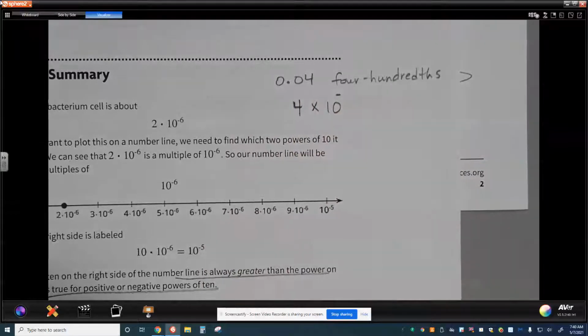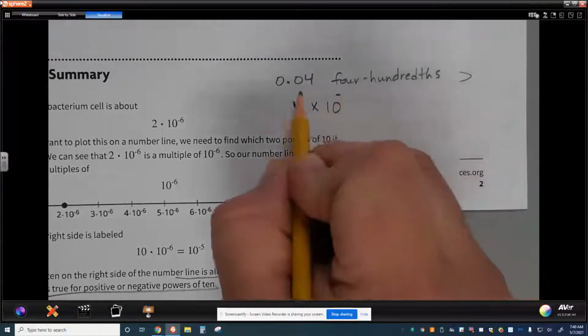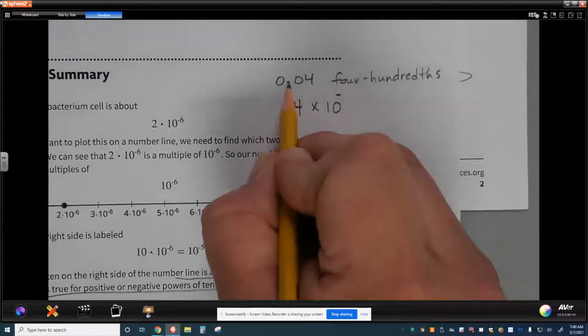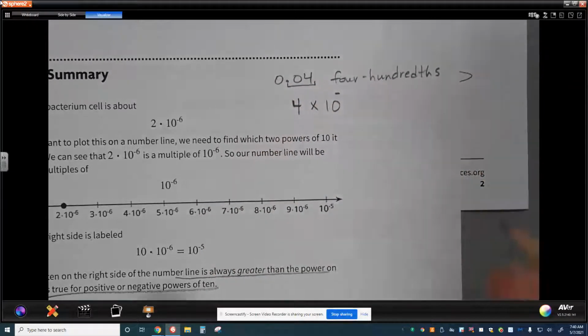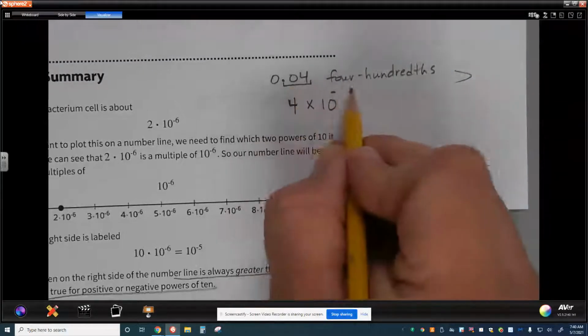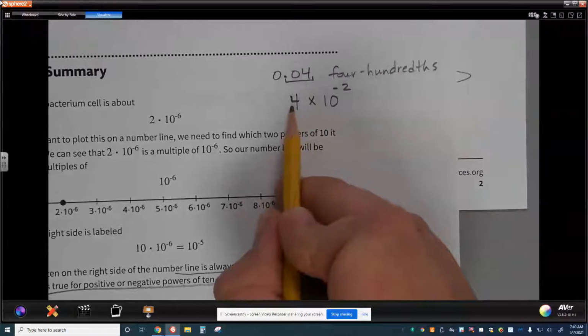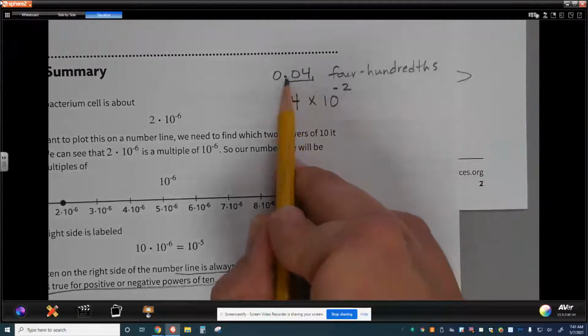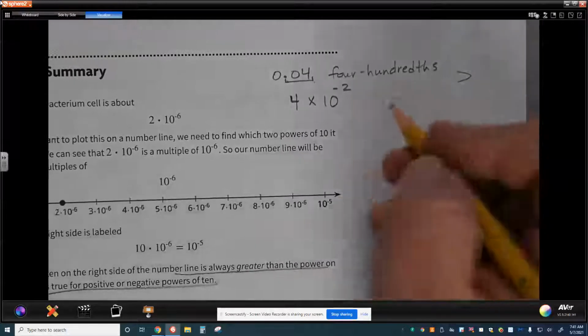Anytime we have a number that is less than 1, we are using a negative power. That negative power will always be the value of moving the decimal to the right side of that leading digit. And so in this case, we would move 2 place values to the right in order to make this a 4. So I would have to multiply this by 1/10 2 times.